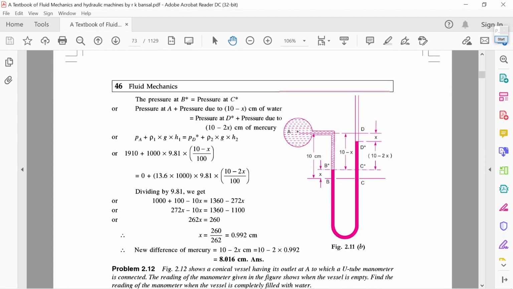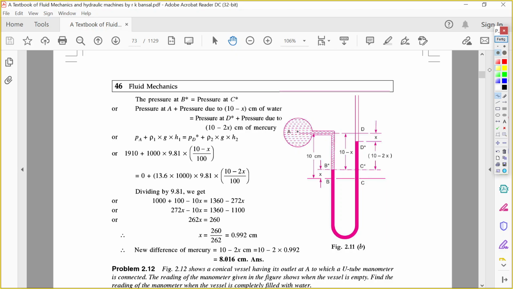This one is the figure. Here is the decrease of the mercury in the right limb, and the same increase in the mercury in the left limb by x amount. This one is the x amount. So again let's calculate the pressure inside A. We already know that, and we need to calculate the pressure due to this 10 minus x centimeter height.